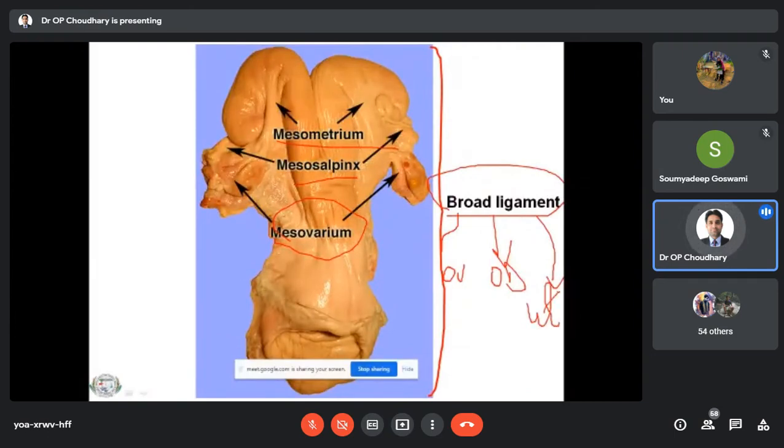So this is very, very important. The fold of the peritoneum that covers the ovary, oviduct, and uterus all together is called broad ligament. However, individually the ovary is covered with the mesoovarium, the oviduct with the mesosalpinx, and the uterus with the mesometrium.